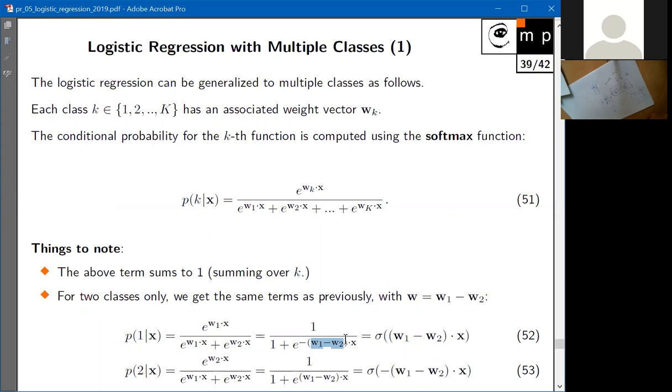So in the case of two classes, we do not need to look for two vectors, because the way we use the W in the training was the difference between the two. And if we have more, then we need K. Fine.